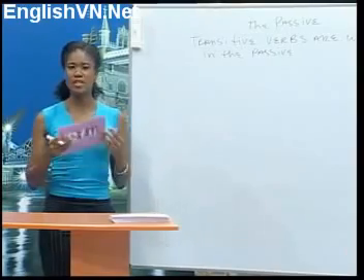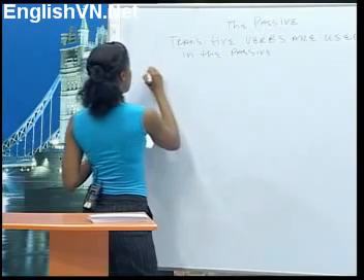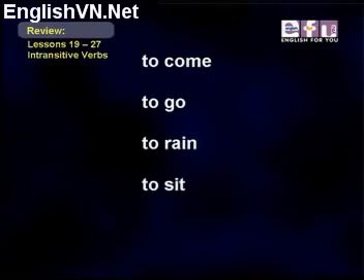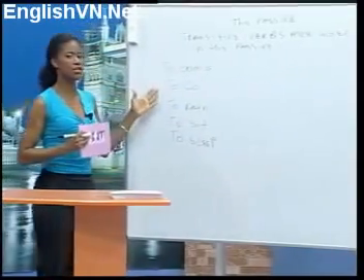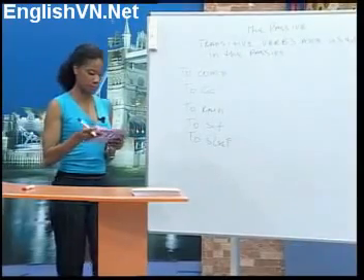These verbs cannot be used in the passive. Some examples of these intransitive verbs are to come, to go, to rain, to sit, or to sleep.